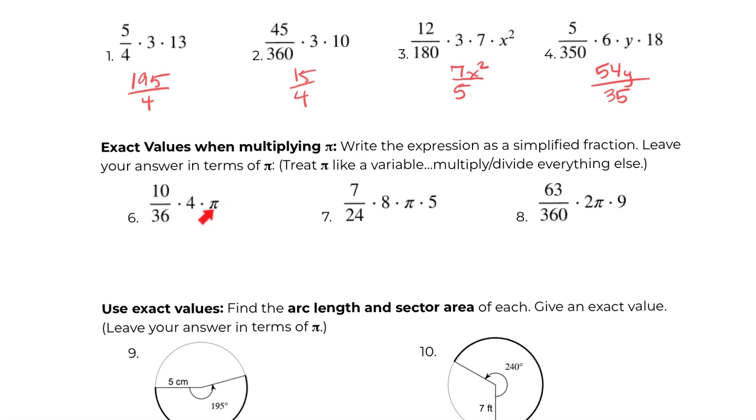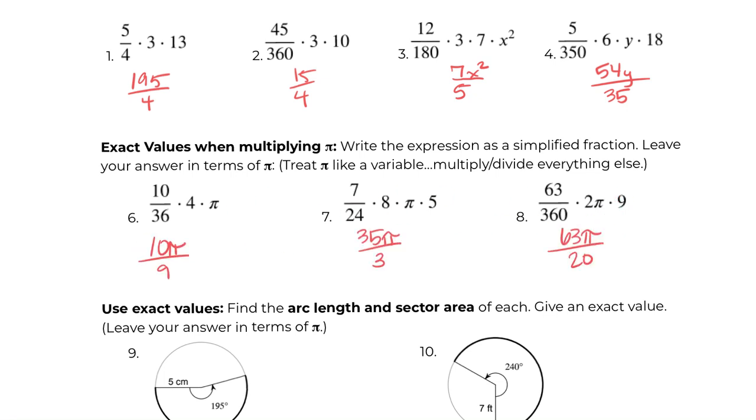Pi is an irrational number, so if I multiply this by pi, I won't be able to get a fraction. So I'm going to multiply everything except the pi and then add the pi on at the end. So go ahead and practice leaving these expressions in terms of pi, and I will see you back here in a second.